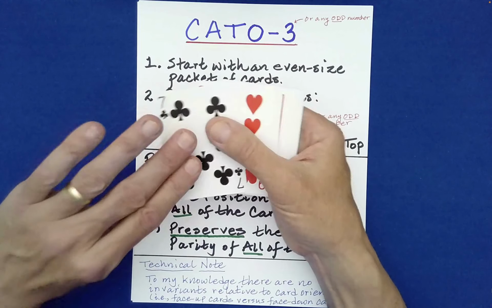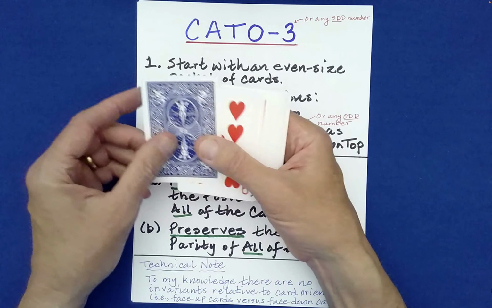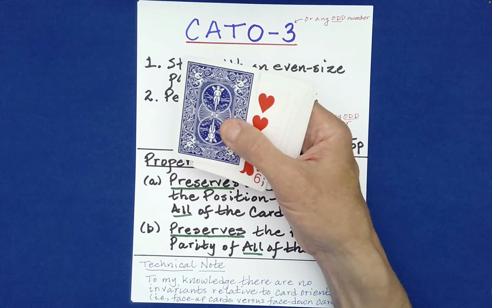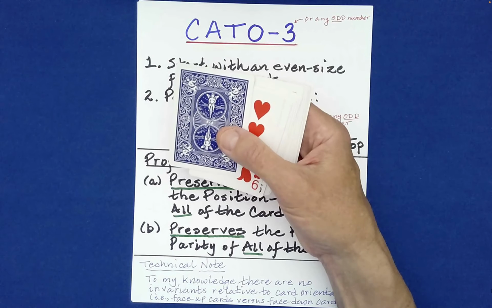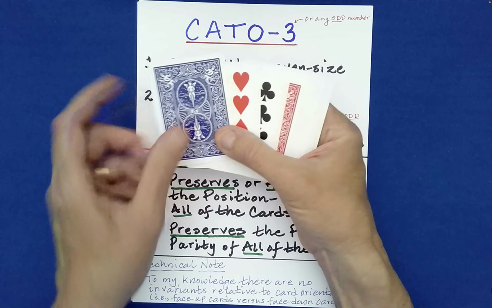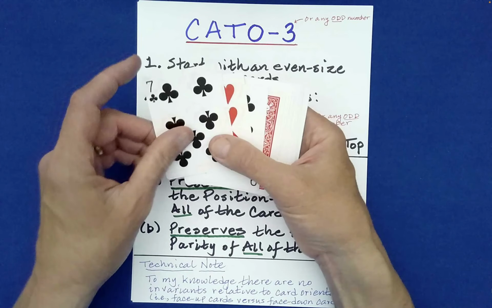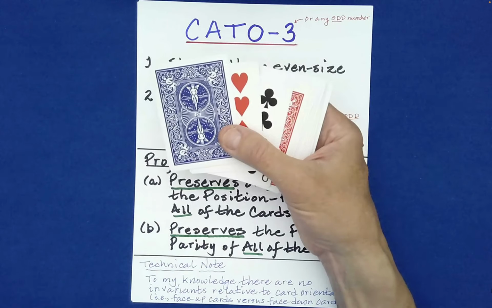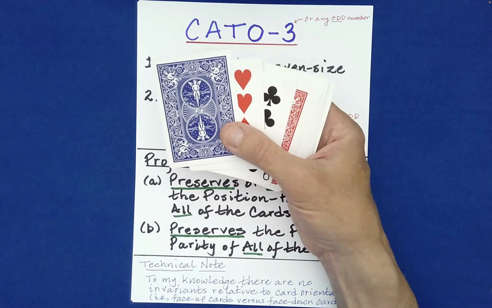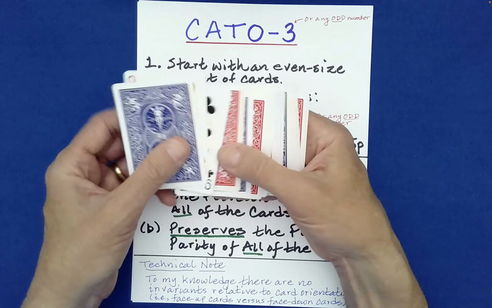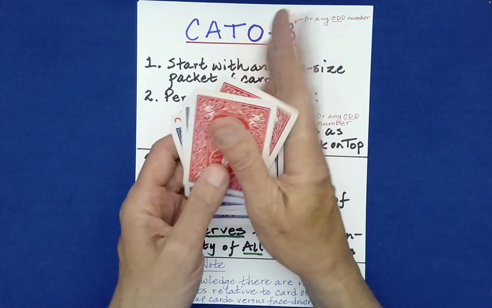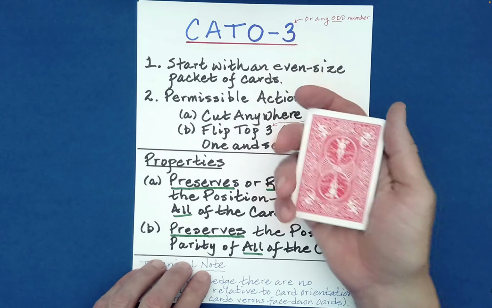Now, of course, we were also allowing the flipping of just one card, since 1 is odd. That doesn't change the position parity of this card. It does change its orientation, from face up to face down or vice versa, but it doesn't change the position parity. And then if we do a random cut, what have we done?